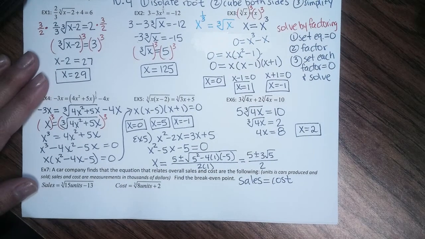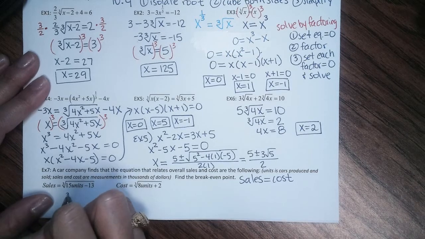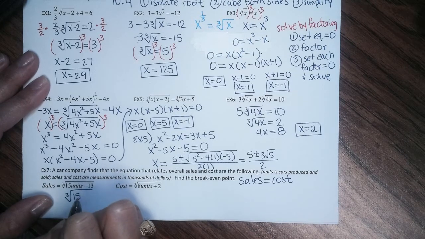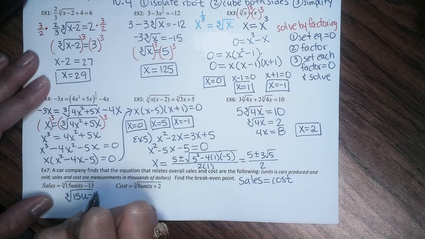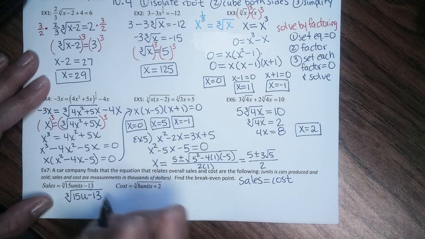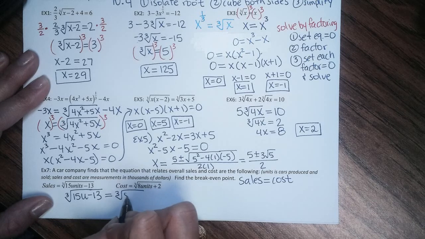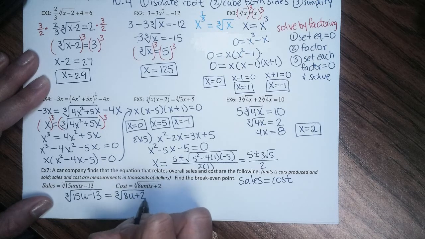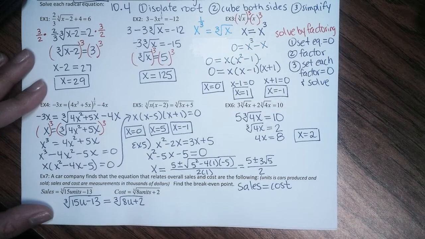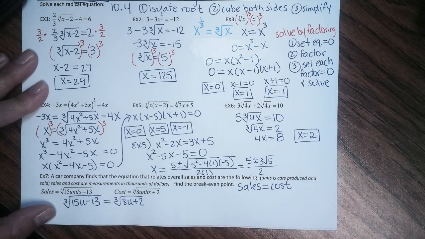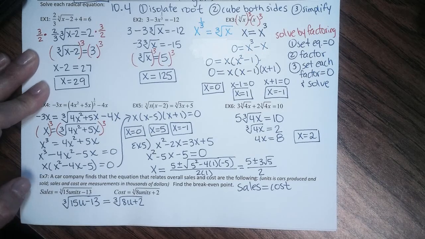So in other words, when does the cube root of 15u minus 13, let's just change it to u, equal the cube root of 8u plus 2? Isolate the cube root, which is already isolated, and cube both sides.